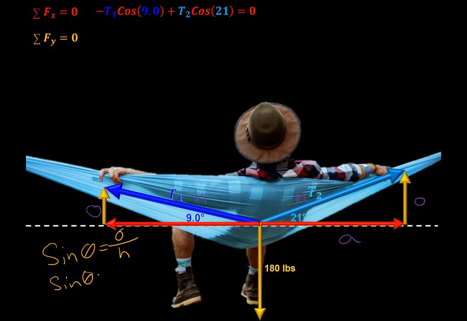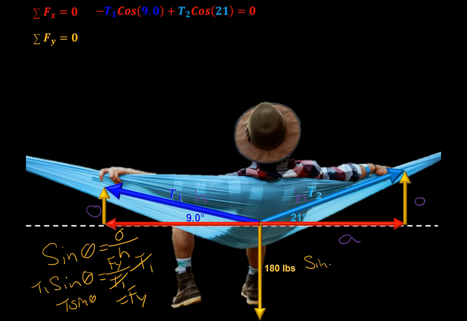Sine theta equals opposite, which is our force in the y, divided by T1. Again, we want force of y by itself. That cancels out, so our force of y is T1 sine theta.